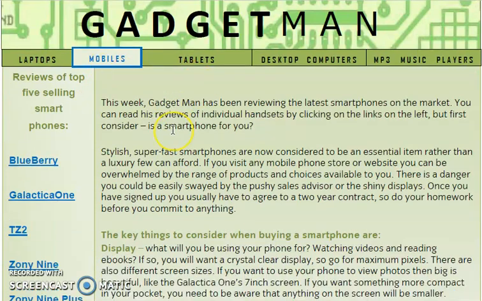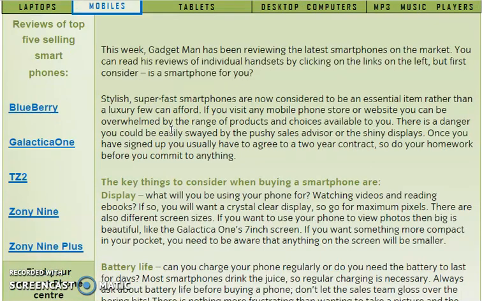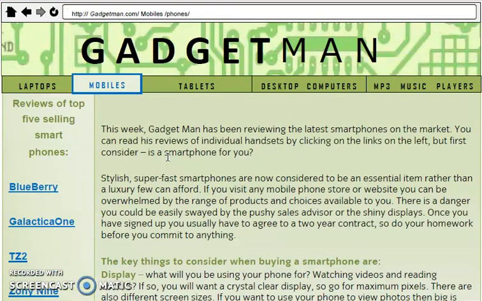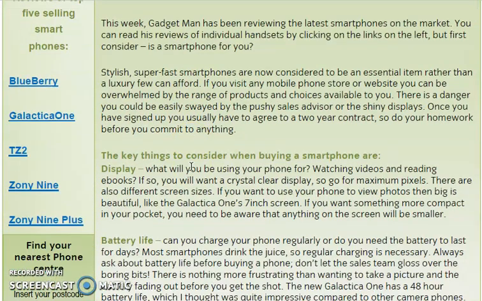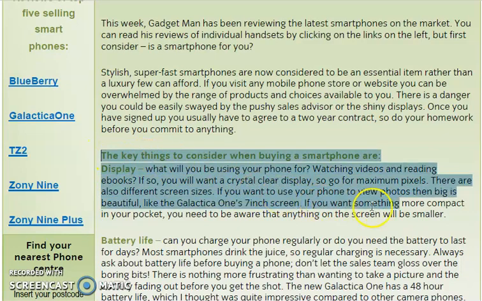So reading through this, what I immediately note is that the tone here is written much more like a review. So the tone is quite balanced. It's giving pros and it's giving cons. So for example, this paragraph here, the key things to consider when buying a smartphone.